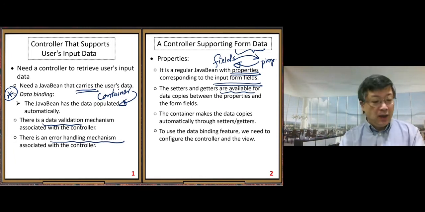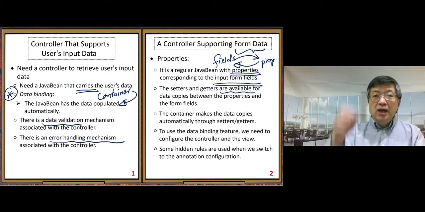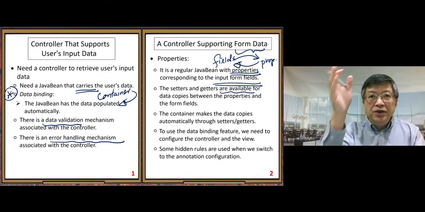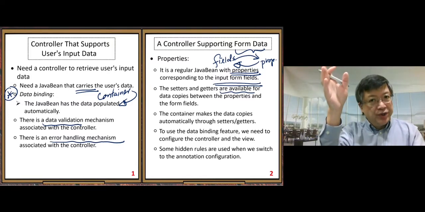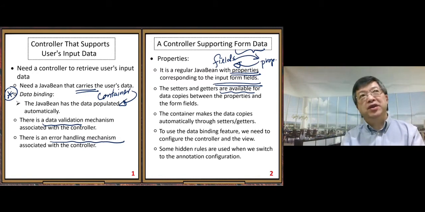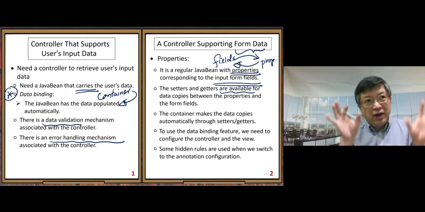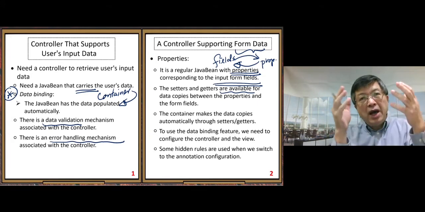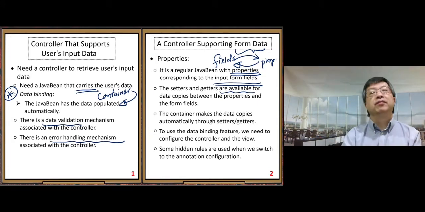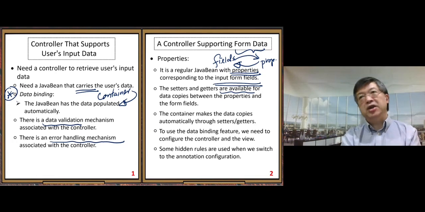All right. So then some hidden rules are used when we switch to the annotation configuration. Later, after we practice a little bit, we will move to the annotation configuration, because that's the modern annotation way.